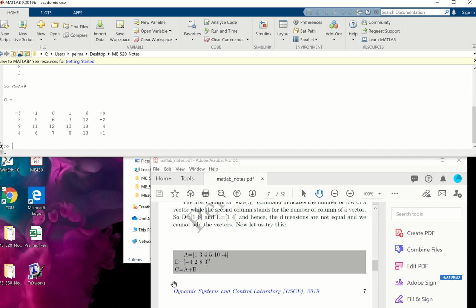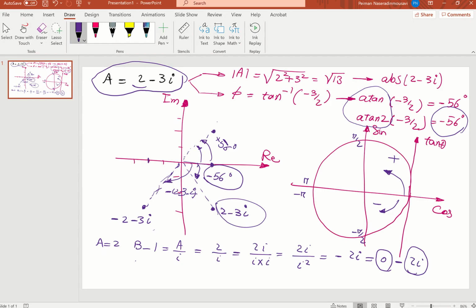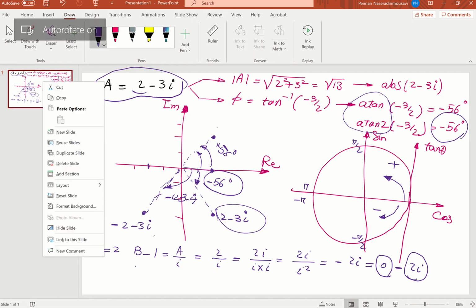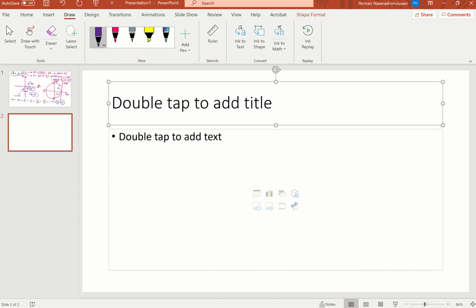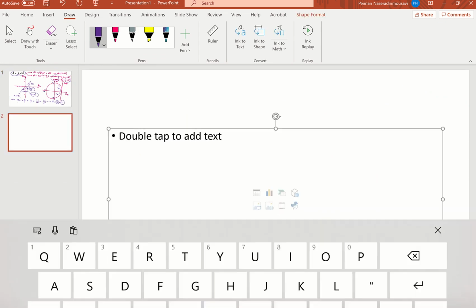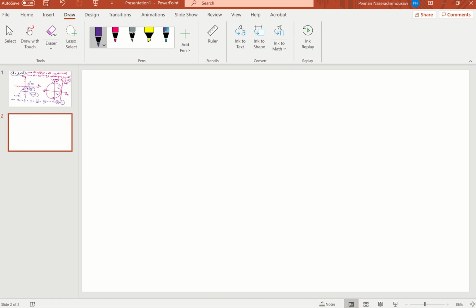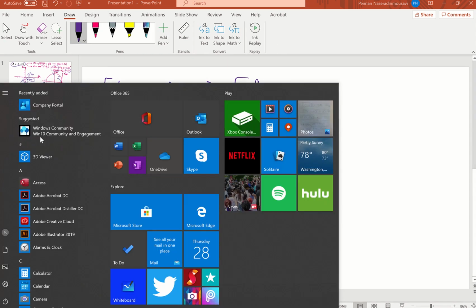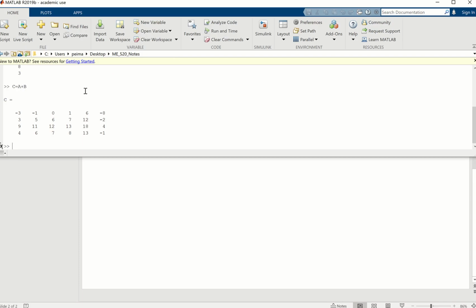So you see the take-home message is, as we know from algebra, if I add a vector of 1, 0, 2, 3 plus a column of 0, 3, 5, first of all, MATLAB does that for us.